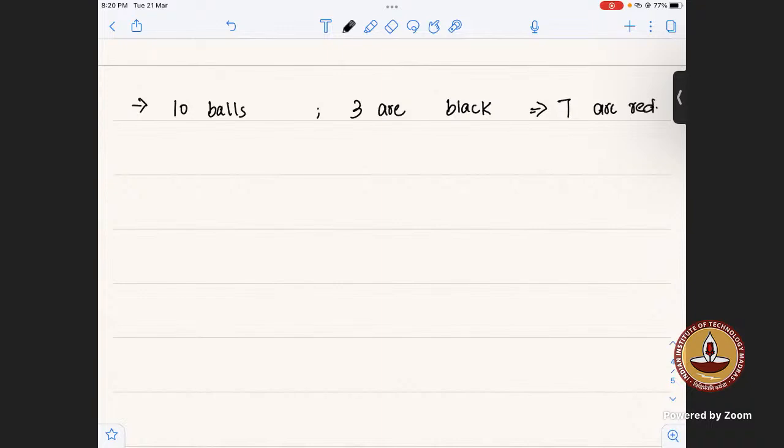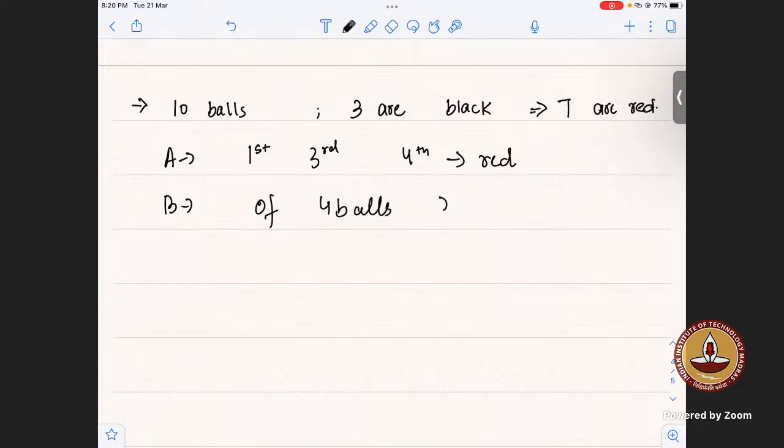Now, let A be the event that, as mentioned in the question, the first, third, and fourth ball are red, and B be the event that of 4 balls, 3 are red, right? This is what we have now. What we have been asked is probability of A given B, right? What is the probability that the first, third, and fourth ball will be red, given that of the 4 balls, exactly 3 are red, right?